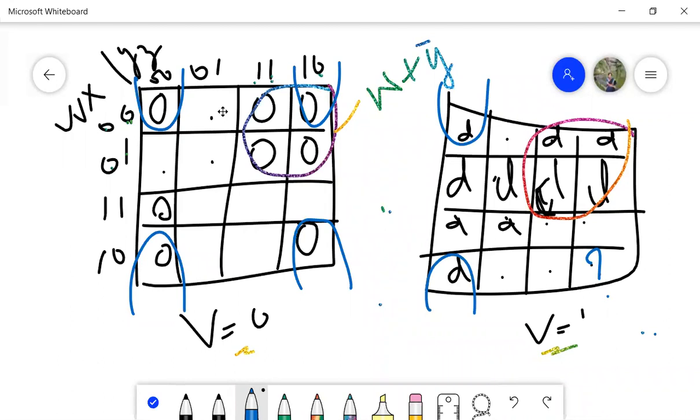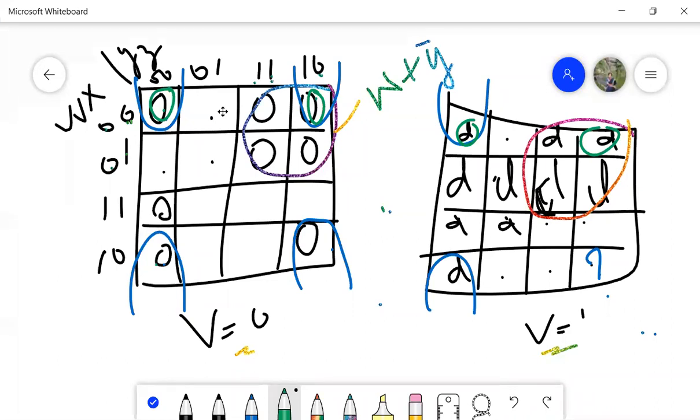What will be left out is only the 0, the 0, the 0 and this 0. This 0 can also be combined with this don't care and don't care. That is your choice, but it is always ideal to combine the zeros. So I have combined the zeros over here and got a quad.